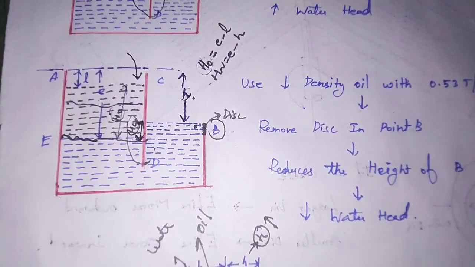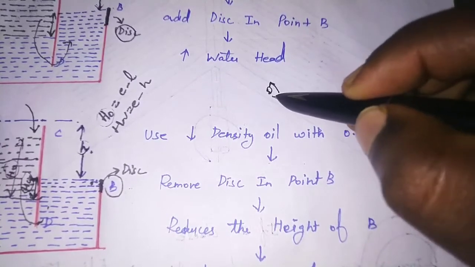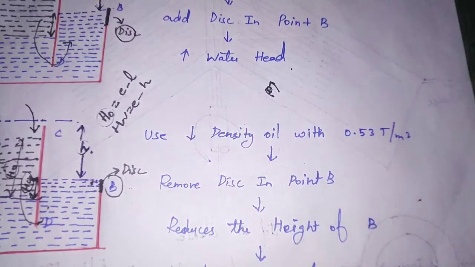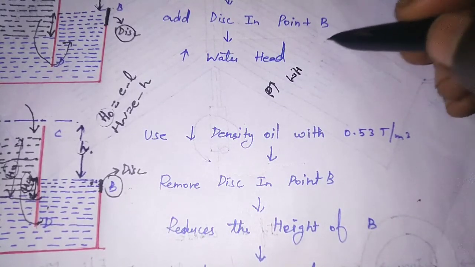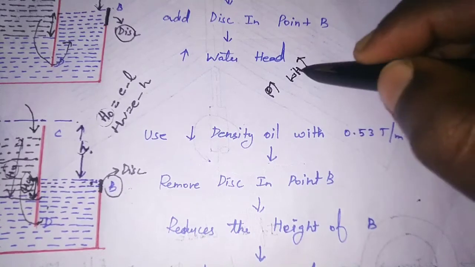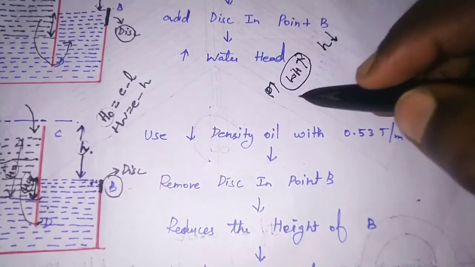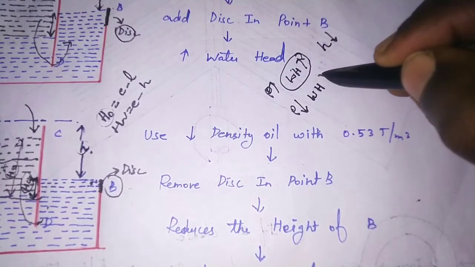So finally we conclude that if I increase the density, I want to increase the water head to maintain the E line at point E. How can I increase the water head? By reducing the H value. If I use less dense oil, we want to reduce the water head.